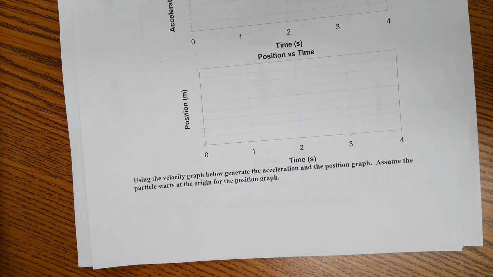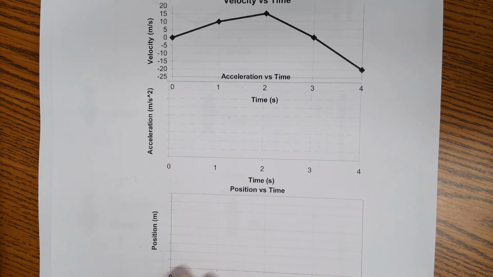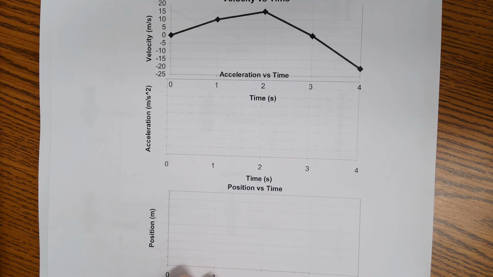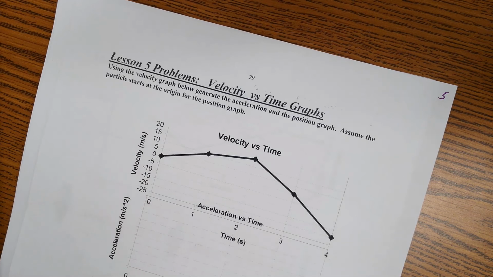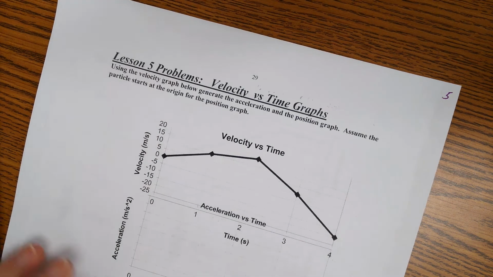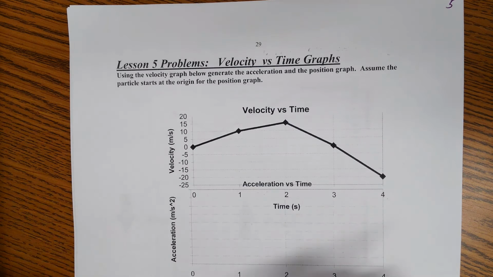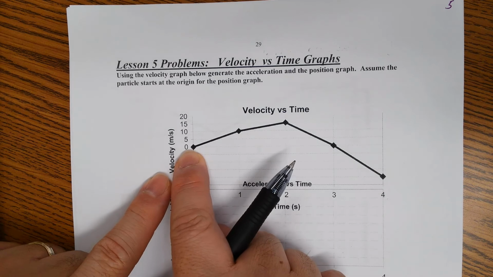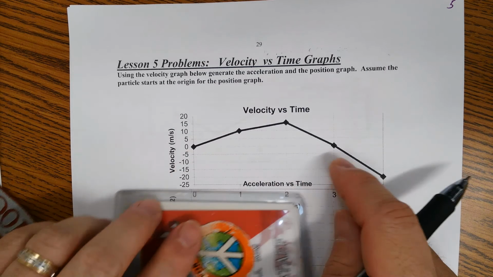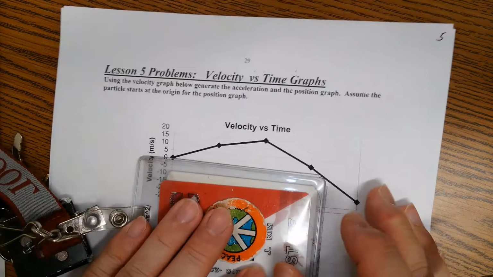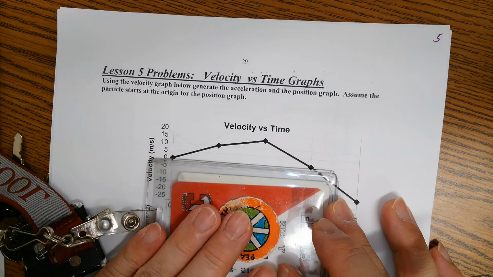So let's take a look at the next page. I had to show them how to do this slightly so that people were not panicking. I'm going to see if I can help you guys start this thing out. Now notice where the 0 is for my velocity. So I think it's important that we draw our time axis here.